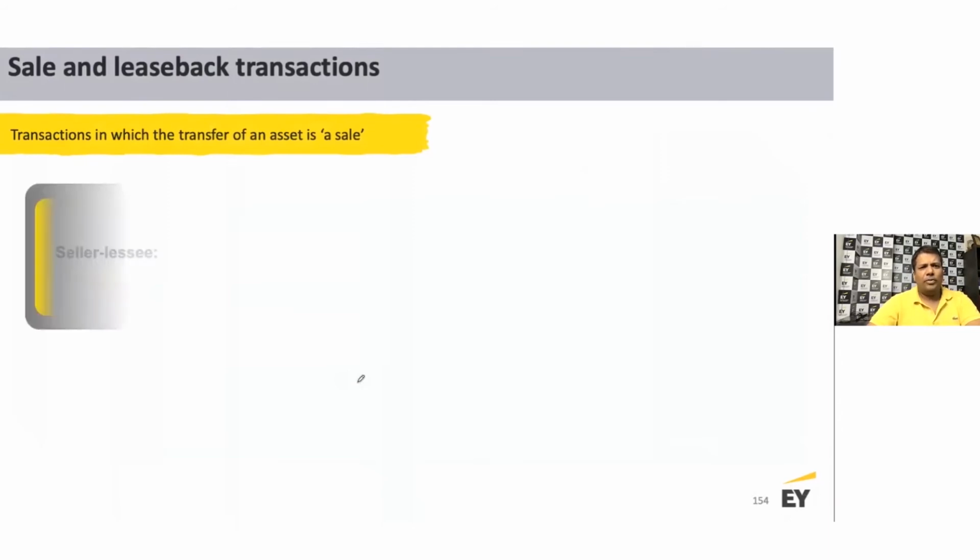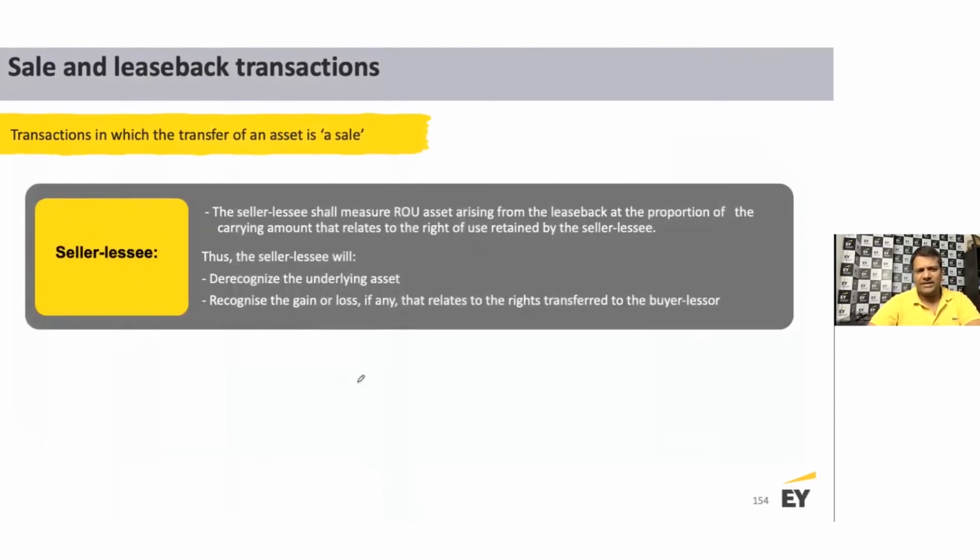So assuming there is a transaction in which the asset is a sale, the seller lessee shall measure the ROU asset arising from the lease back at the proportion of the carrying amount that relates to the right of use retained by the seller lessee.